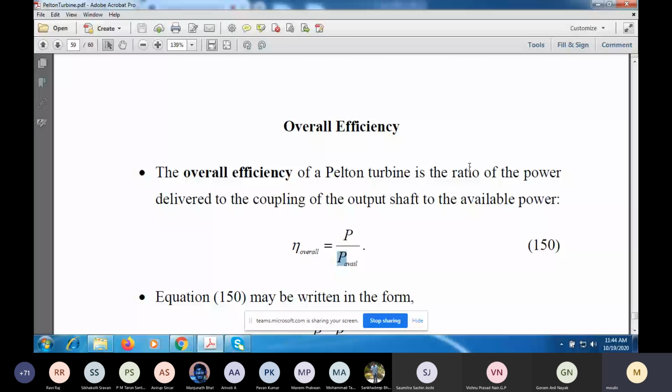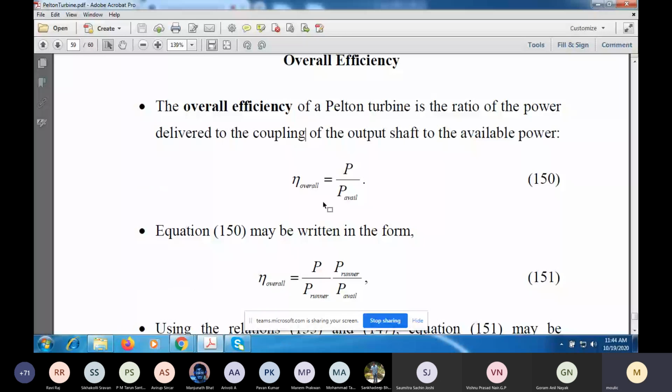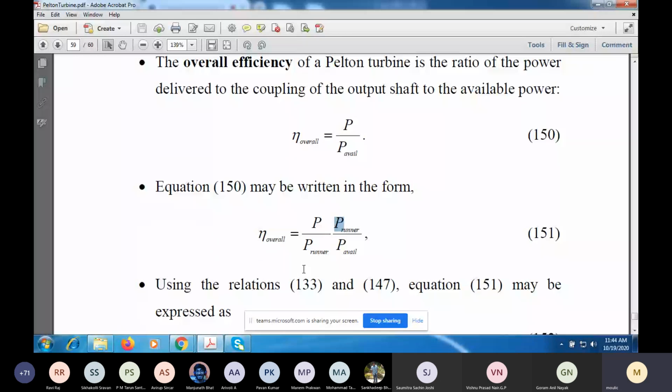And once again, I can multiply and divide the right hand side of this equation by P runner. So P runner in the numerator of equation 151 and P runner in the denominator will cancel out, and you'll get back P in the numerator and P available in the denominator. Once again, we are doing this to relate eta overall to eta mechanical and eta hydraulic.